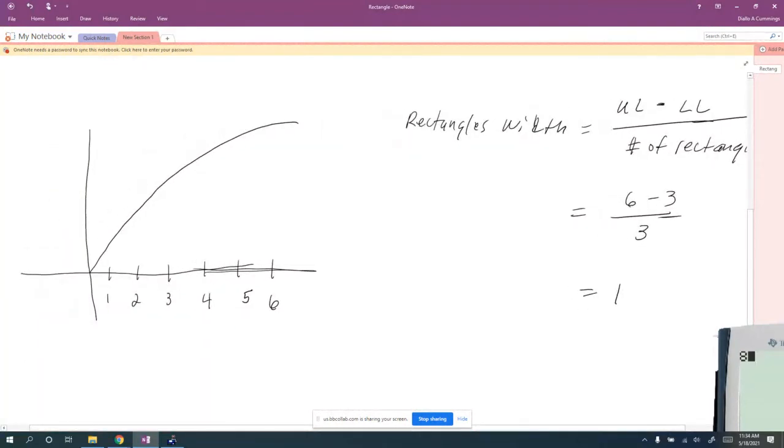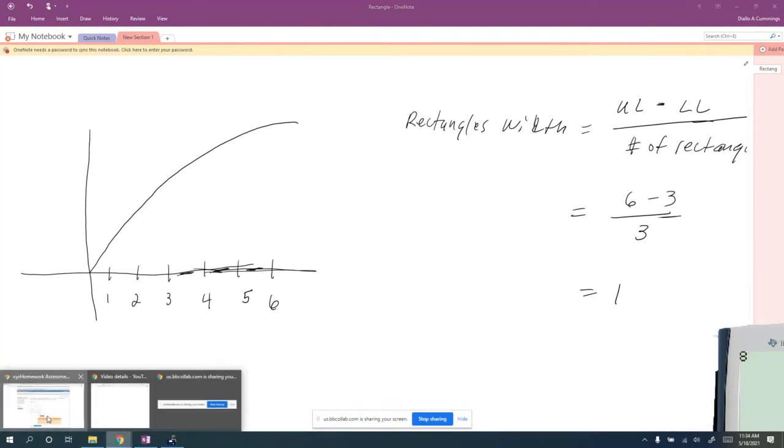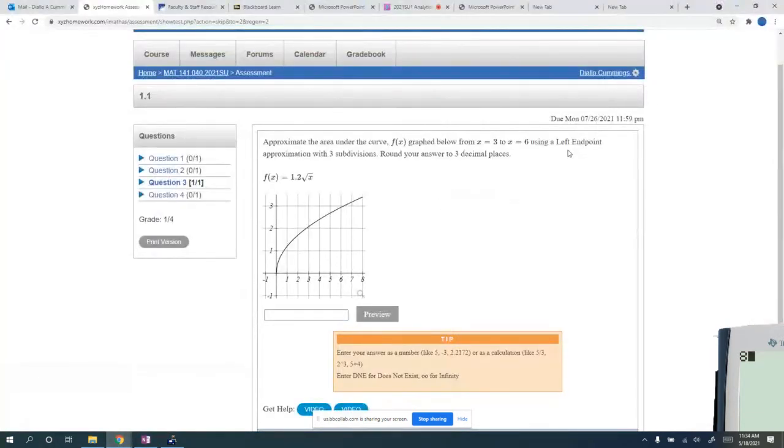So our first rectangle runs on this interval from 3 to 4. The second rectangle runs on the interval from 4 to 5, and the third rectangle runs on the interval from 5 to 6. For each rectangle, we're asked to use a left endpoint.